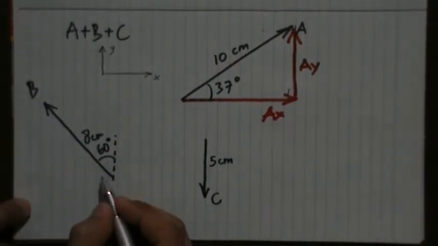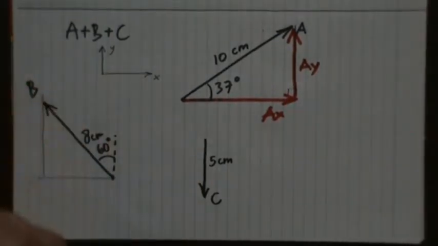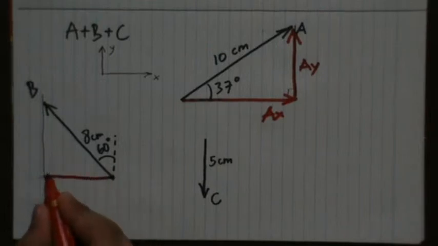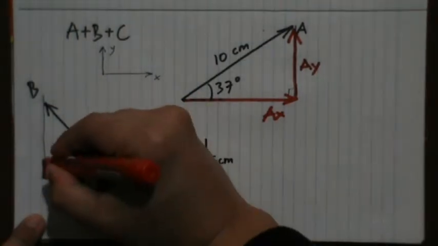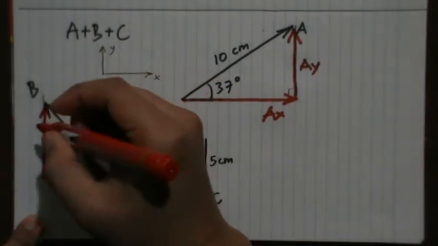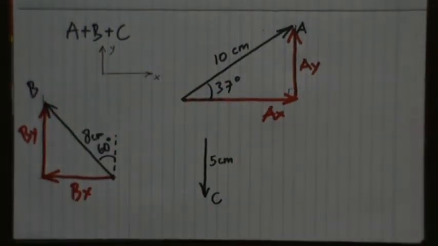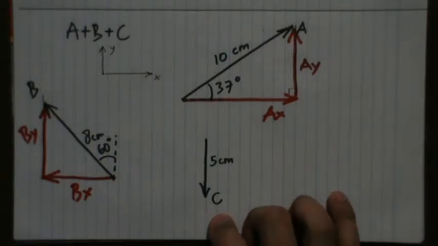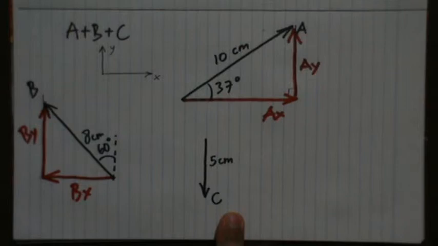And also for B, if we apply the direction for x here, this has BX, and then it has also component in y direction, BY. But for C, we don't need to think about the components because it's already at the axis, which is it's at the y-axis.